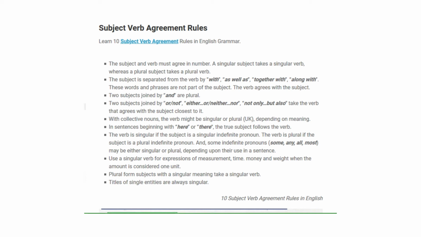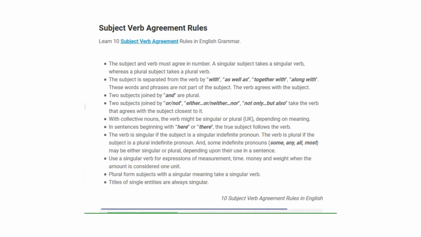Two: the subject is separated from the verb by with, as well as, together with, along with. These words and phrases are not part of the subject. The verb agrees with the subject. Three: two subjects joined by and are plural. Four: two subjects joined by or, nor, either or, neither nor, not only but also take the verb that agrees with the subject closest to it.